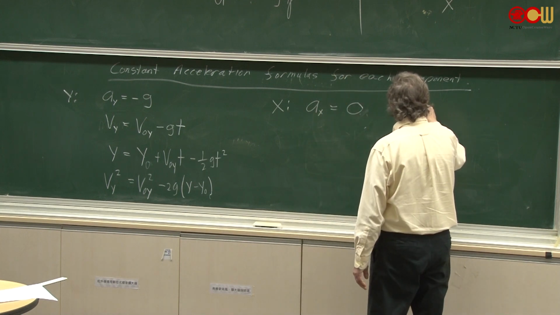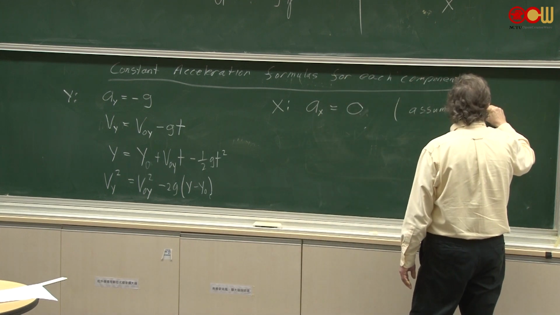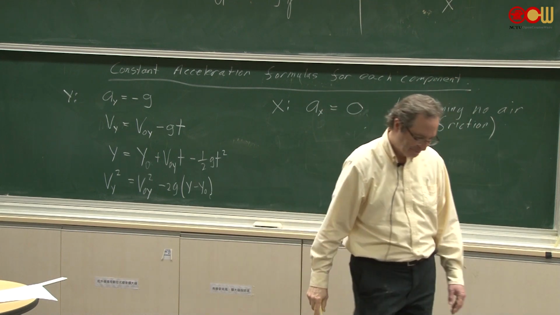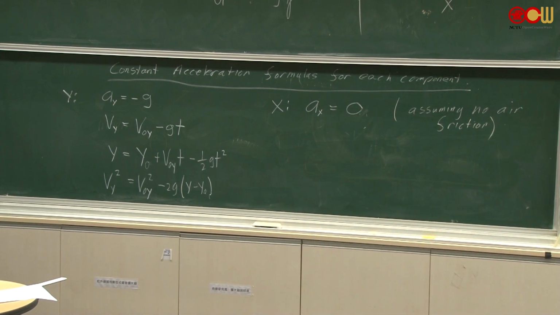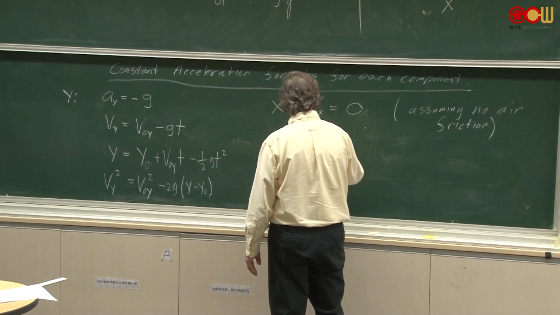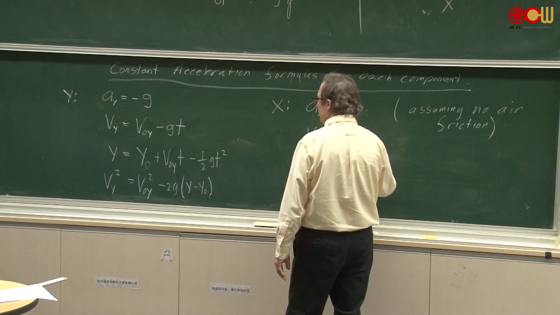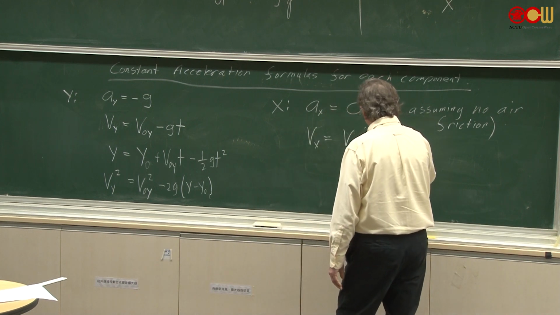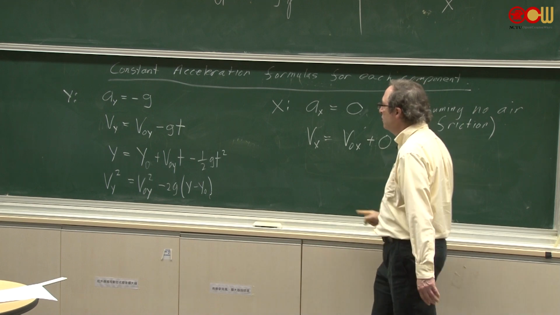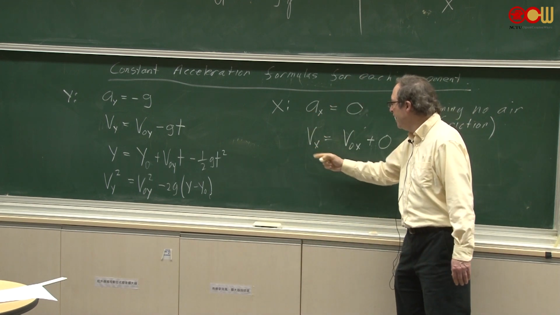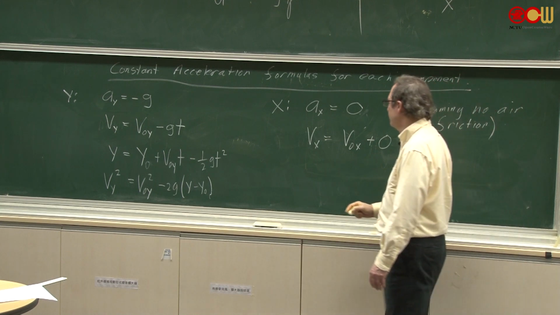Now we're assuming no air friction. Otherwise, we'd have to change some of this. So that's a sub x. V sub x is equal to v0x plus 0.